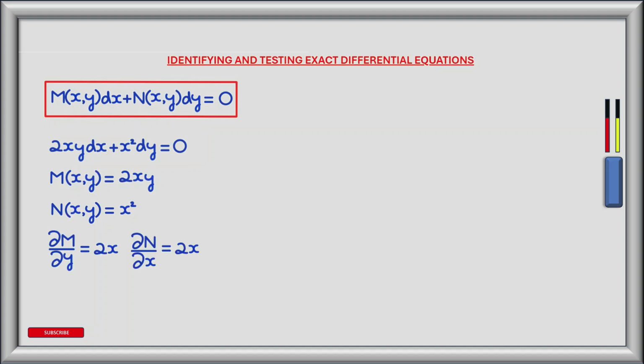If we now take the partial derivative of m with respect to y, which means holding the x variables constant, it evaluates to 2x. If we take the partial derivative of n with respect to x, so this means holding the y variables constant, we see it also evaluates to 2x. So the partial derivative of m with respect to y is equal to the partial derivative of n with respect to x. The differential equation is therefore said to be an exact differential equation.